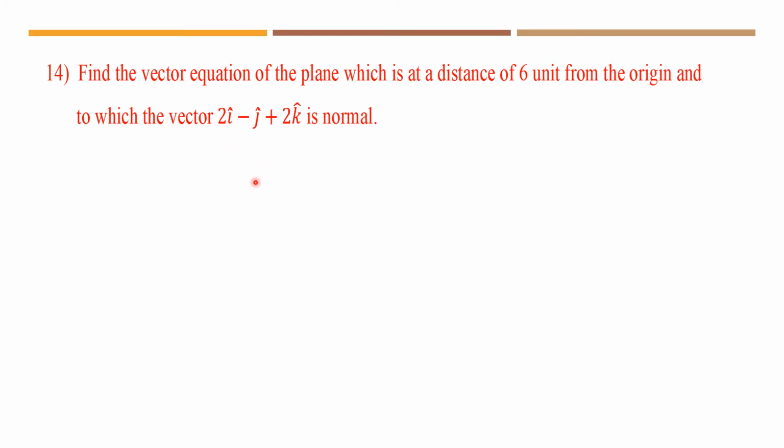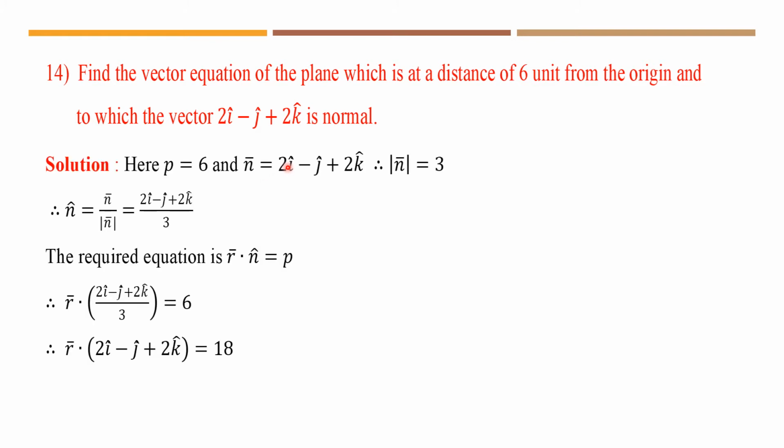Vector equation of the plane is r vector dot n cap equal to p. Solution. Here we are given p equal to 6, the distance from origin to the plane. n bar is normal, which is 2i minus j plus 2k.